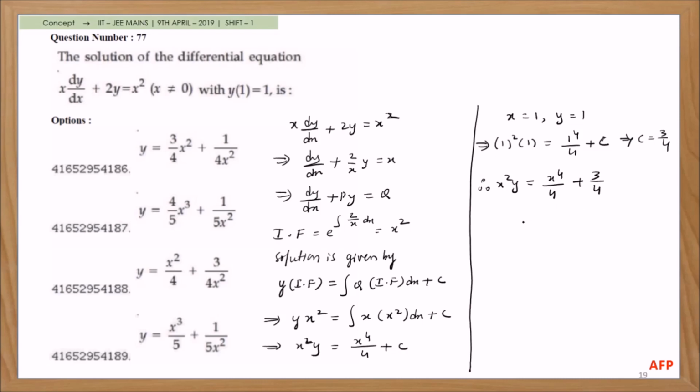So this is what you are getting. So take it to the other side, y is equal to x square by 4 plus 3 divided by 4 into x square. So this is what the solution for the differential equation we got. Okay, which option it follows? Option 3 it follows.